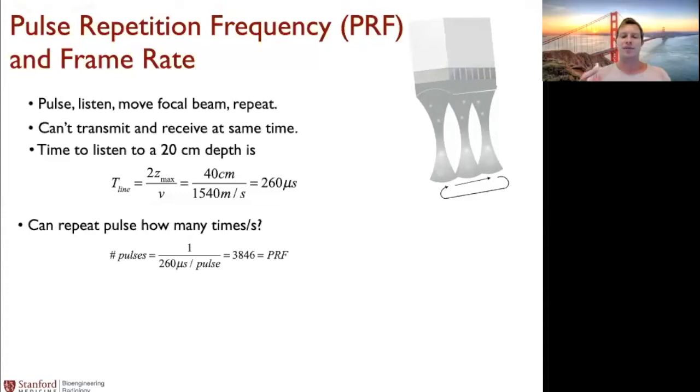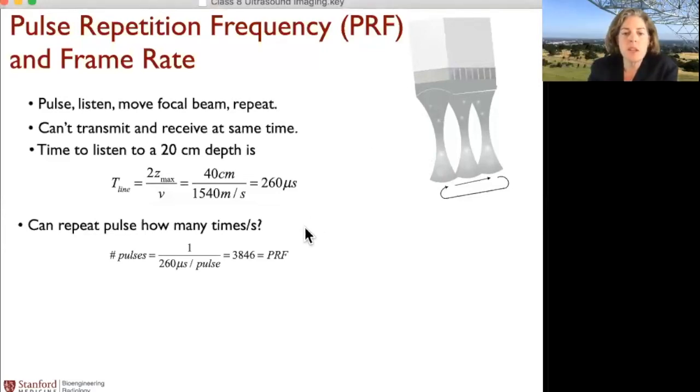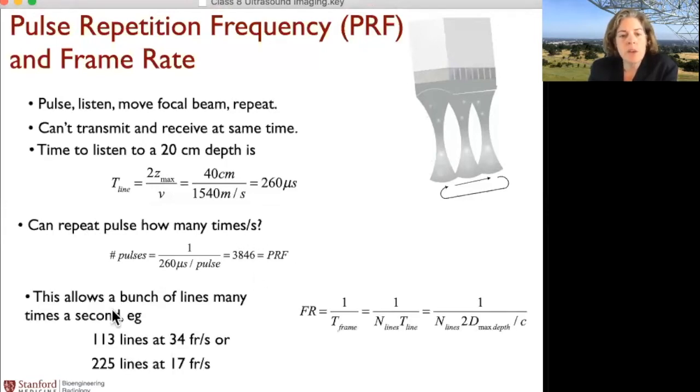But if the subject is moving underneath the transducer, it's an interesting point, because it turns out that the pulse repetition frequency is really high. And then you say, how many times can you repeat that? It depends on what field of view and what depth you're using, but you can certainly get frame rates on the order of 30 frames per second, or sometimes even higher.